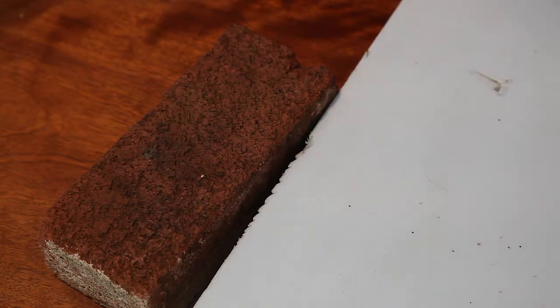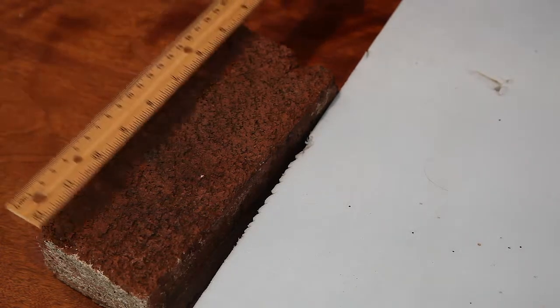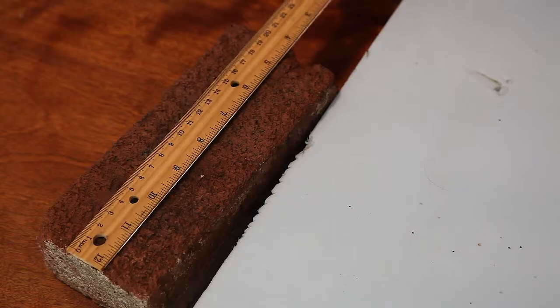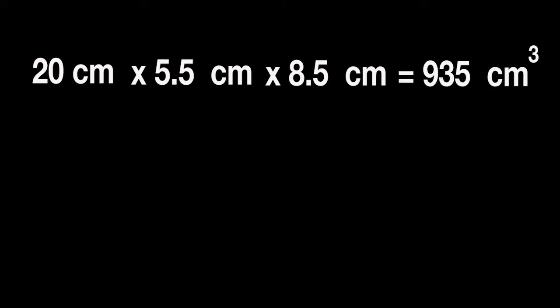Let's see how. This brick has a length of 20 centimeters, a height of 5.5 centimeters, and a width of 8.5 centimeters. When multiplied, we calculate its volume to be 935 cubic centimeters.